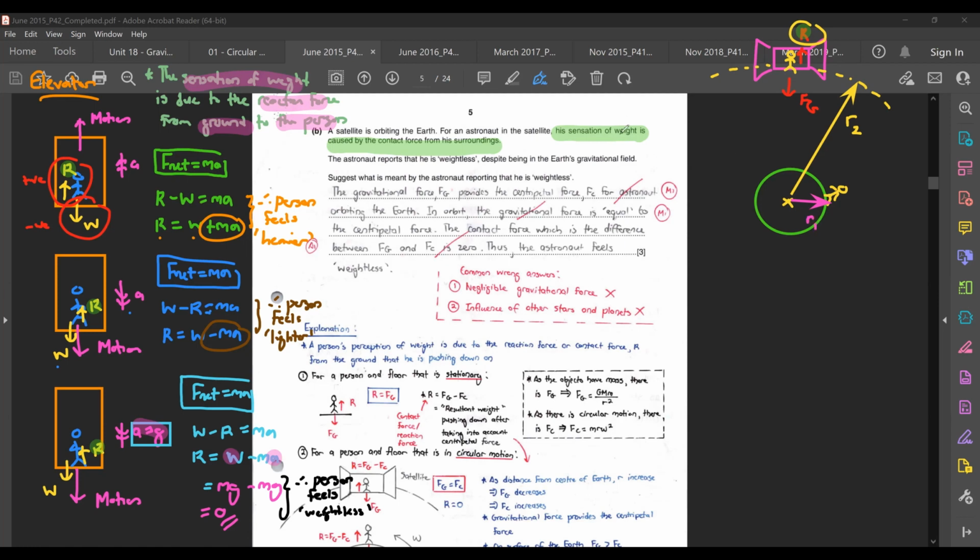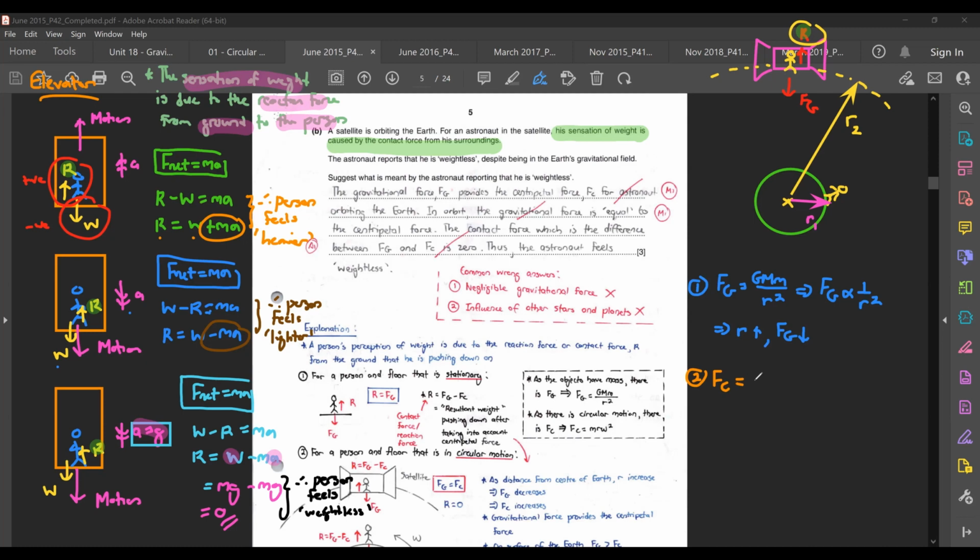Okay. Now, we know that gravitational force is Gmm over R squared. Now, if everything else remains the same, you could actually say that gravitational force is inversely proportional to separation squared, such that if R increases, your gravitational force will drop. Okay, this is number one. And then the other thing you want to consider now is number two, the centripetal force.